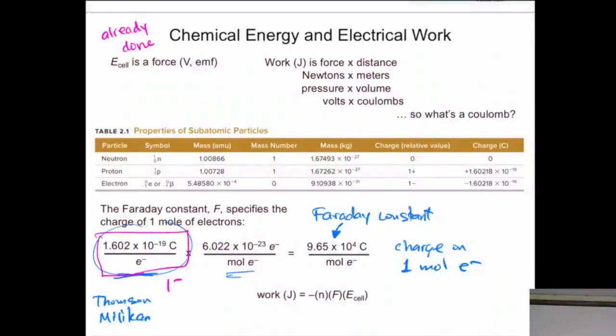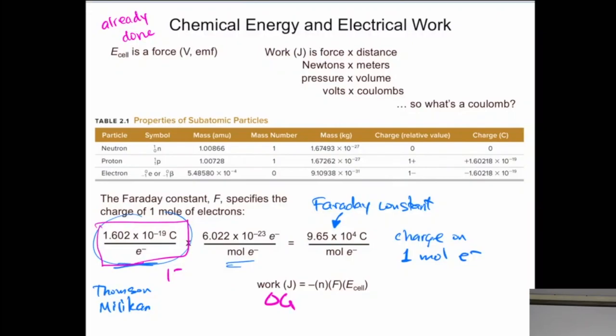For all of general chemistry, when we've been talking about what's the charge? 1 minus, 2 minus, 1 plus, 2 plus. It's really 1.602 times 10 to the minus 19th coulombs. Right? It's much easier to just use 1, 2, 3 for our relative charges, but this is what the actual value is in the units of coulombs. So just a little FYI, that's where all that comes from.